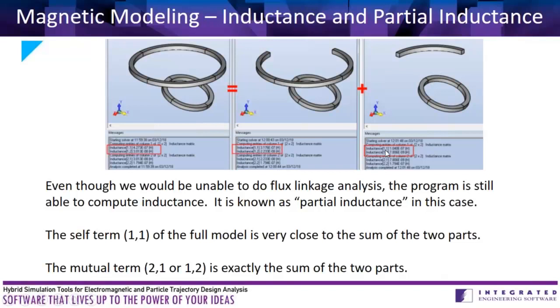Add those together and you get 4.21. And we see that the inductance calculated for that in the full model is 4.27. So it's only off by about 1%. It's a very good approximation to the self-inductance to do that.